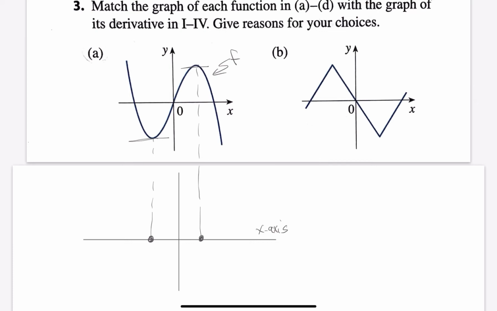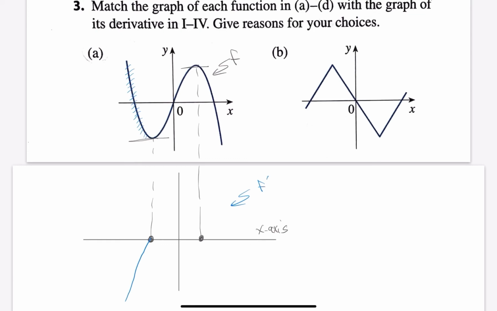Okay. Now what about this part? This part, as you can see, is going downward, right? So the slope is going to be negative. So f prime, so this is my f prime, is going to be below x-axis. In graphing, we are not pinpointing it down. We just want to have a feeling for f prime, right?